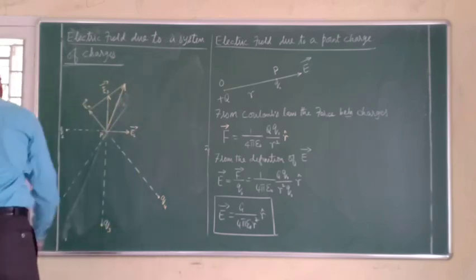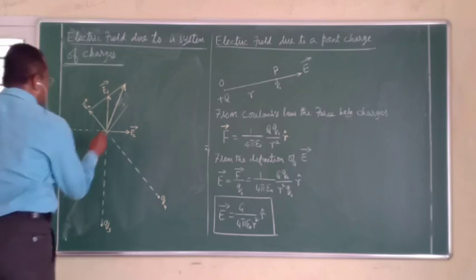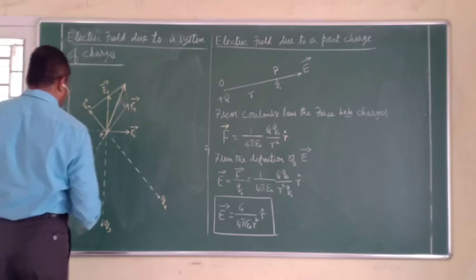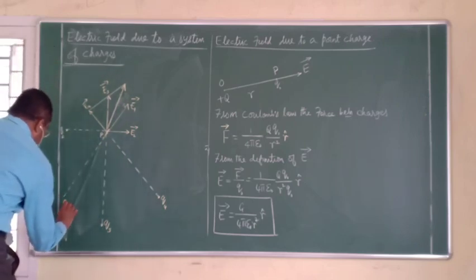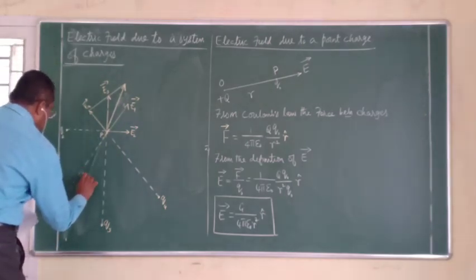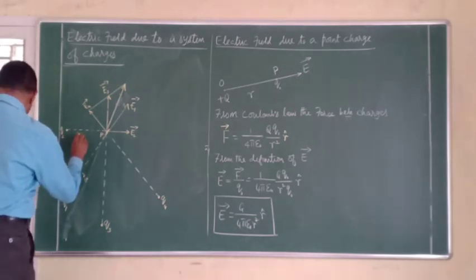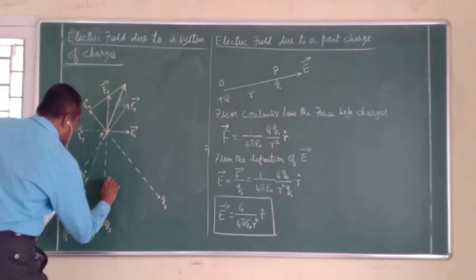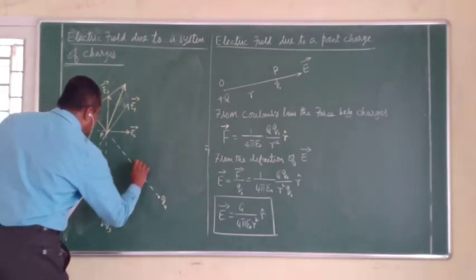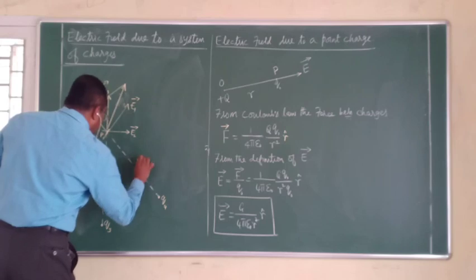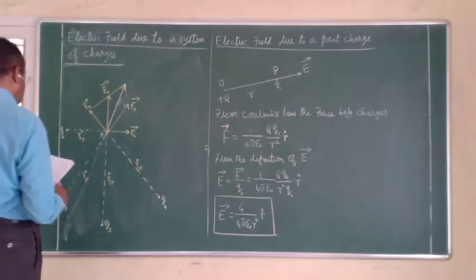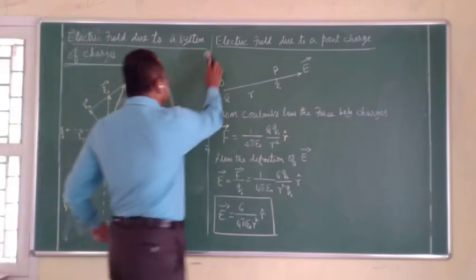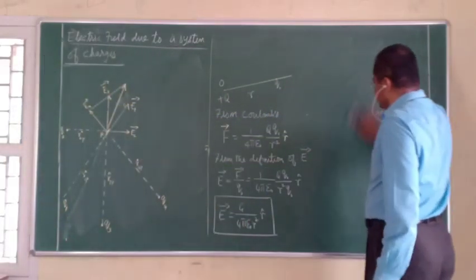This is E1 vector. This is Q1. This is R1P, R2P unit vector, R3P unit vector, R4P unit vector. Clear, sir? Now, let me proceed.